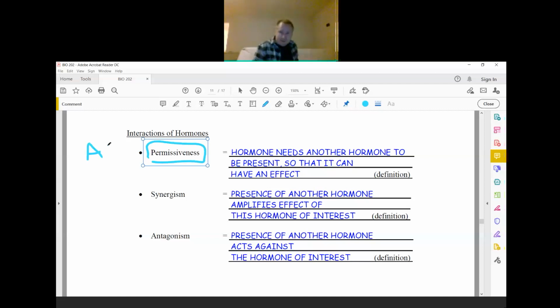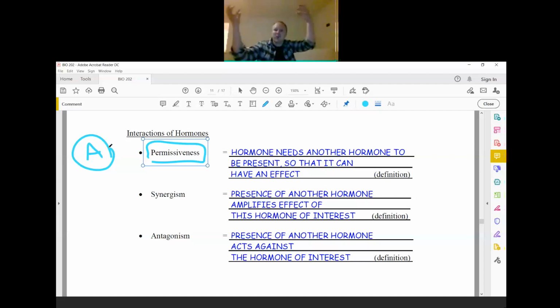We're going to start with permissiveness. So in this case, we have this hormone that is supposed to do something. But it needs another hormone to be present so that this initial hormone can do its job. It can have the effect that is needed. So this is permissiveness. It's almost like giving permission to this hormone to do its job.